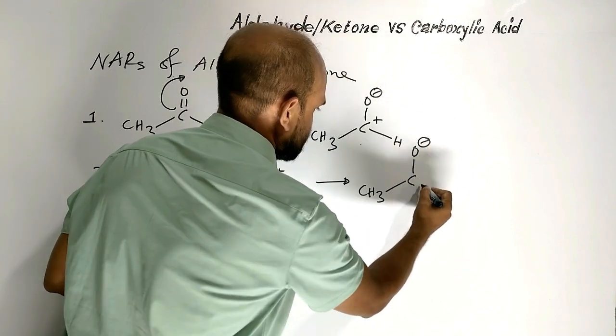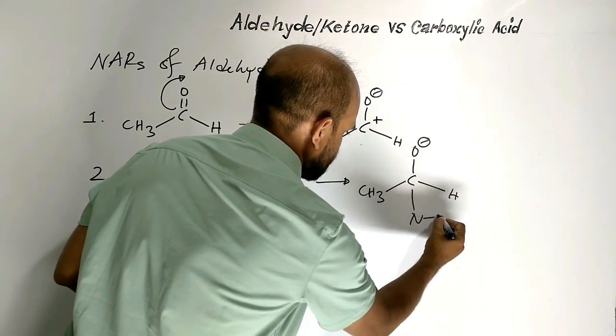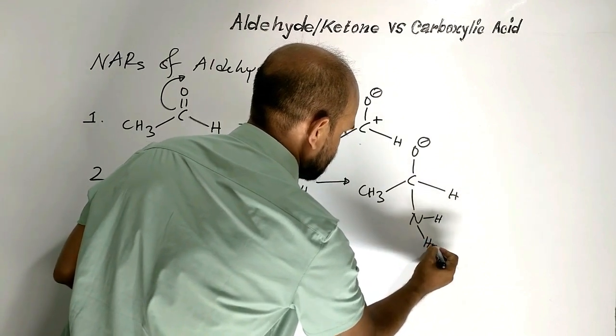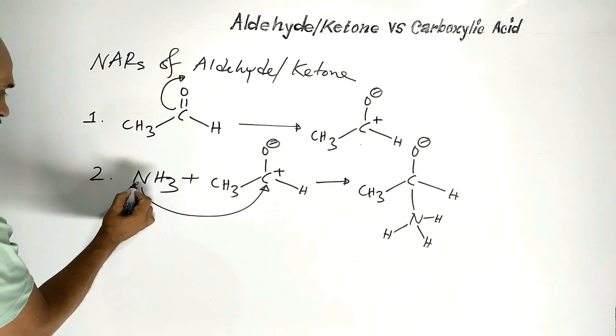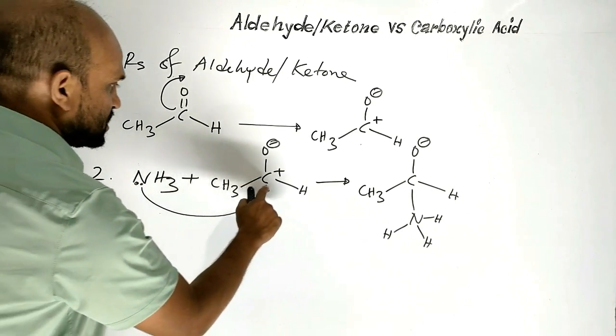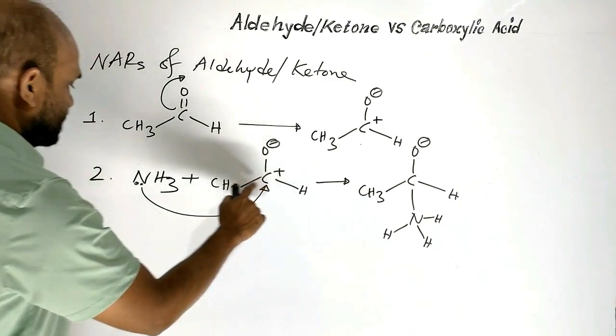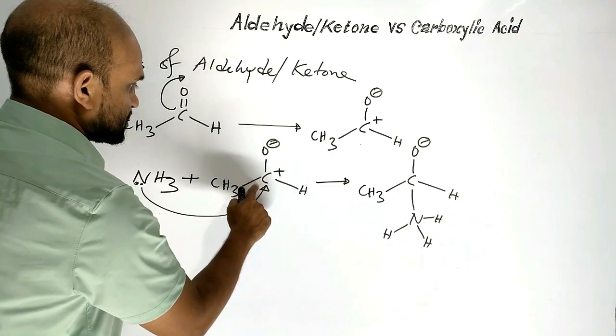Oxygen with negative charge, here hydrogen with carbon, and ammonia as nitrogen. The nitrogen of ammonia forms a coordinate covalent bond, giving its lone pair of electrons to the positively charged carbon.